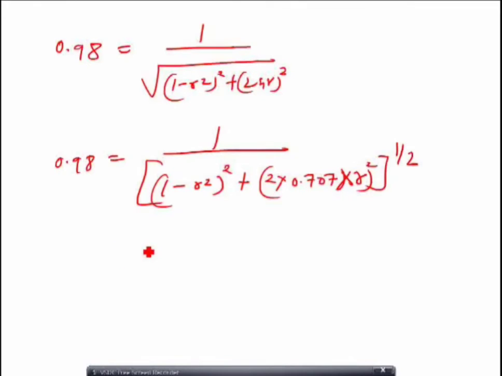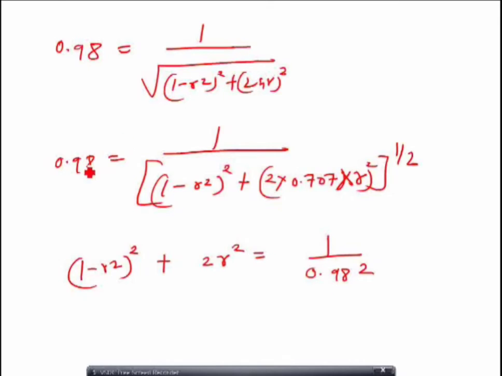So solving this equation, what are you getting? I can write this as (1 minus r square) bracket square plus 2r square is equal to 1 upon 0.98 square.